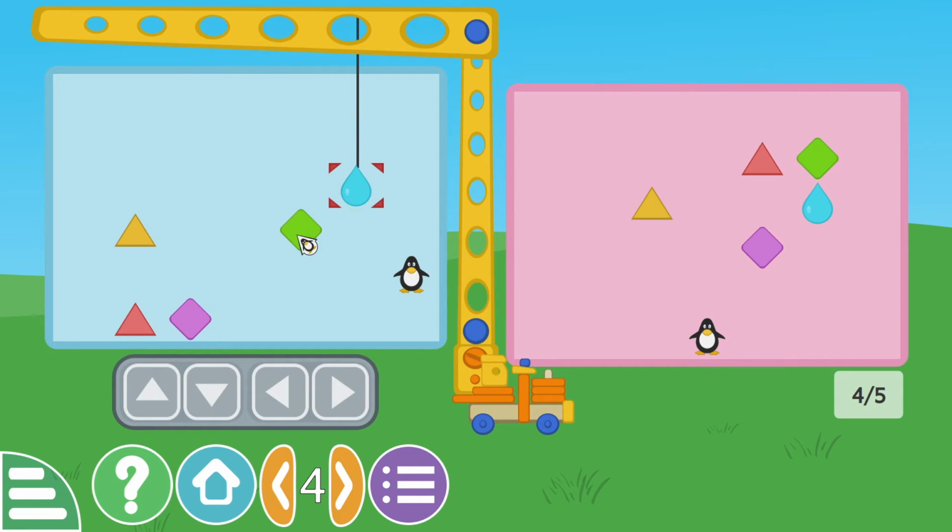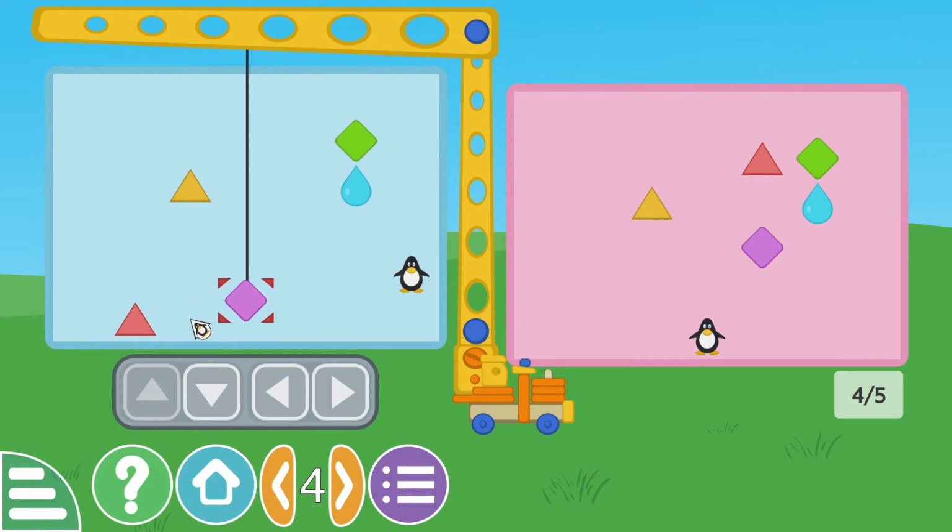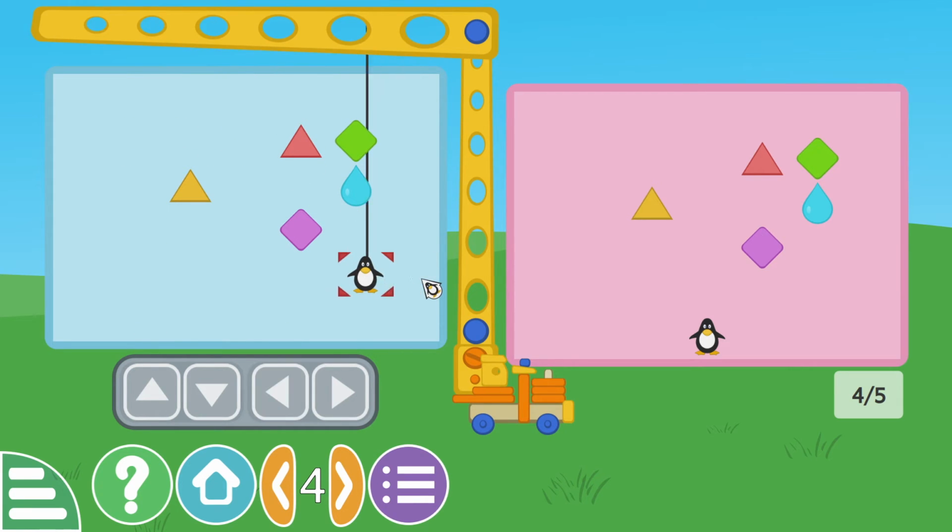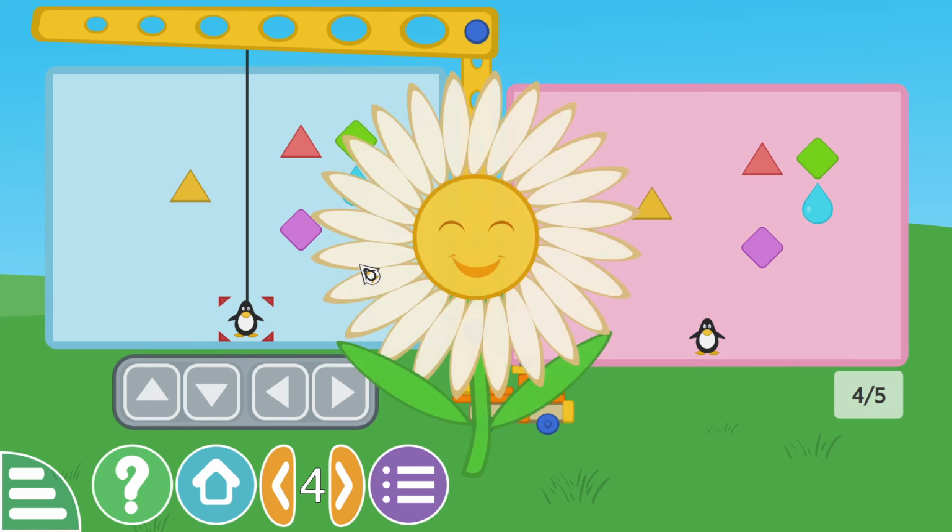So I'll put the water drop here and the diamond above it. It looks to be the right spot for the yellow triangle. Put the red triangle next to the green diamond and bring tux down into the middle on the bottom.